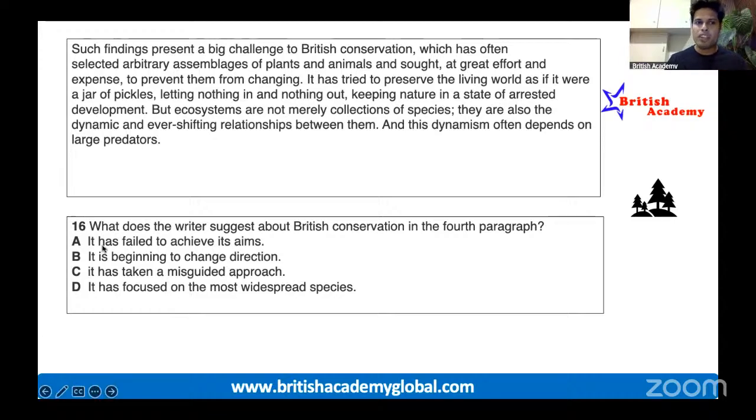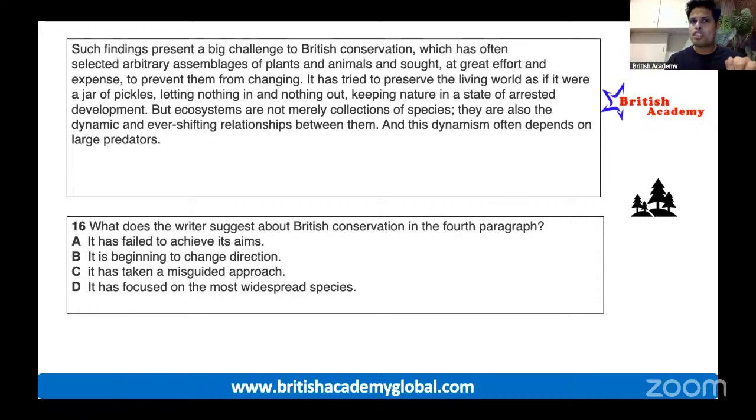So one, when we look at option number A, it has failed to achieve its aims. Nothing about failure and aims that is being given, guys. So option number A gets eradicated. It is beginning to change direction. There's no positive tone that now they are changing direction or leading to some positivity that has not been given. It has taken a misguided approach.